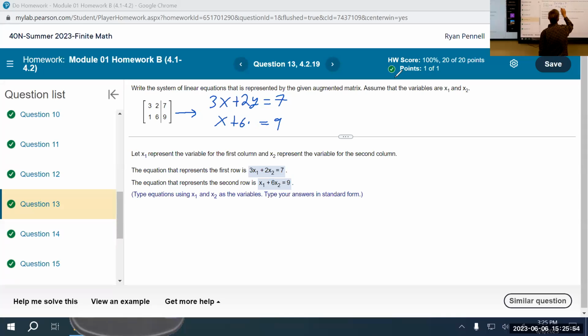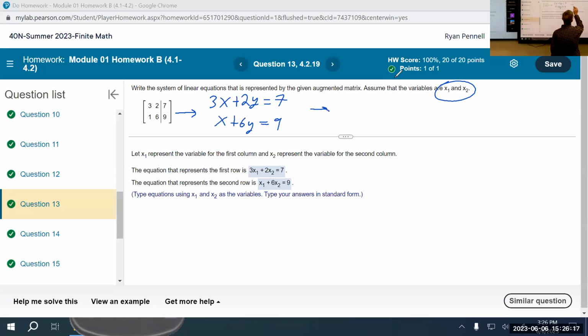Just lines. Right? Now, X and Y, A and B, that's all fine. And this one wants us to go even more general. Use x1, x2. So we're really going general.